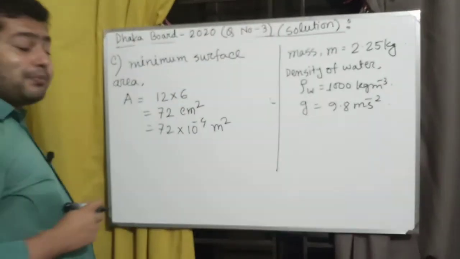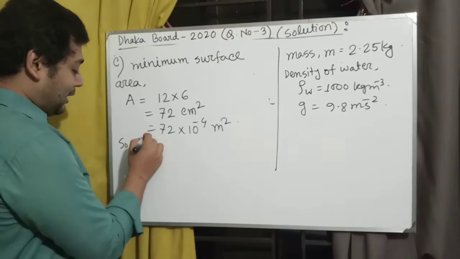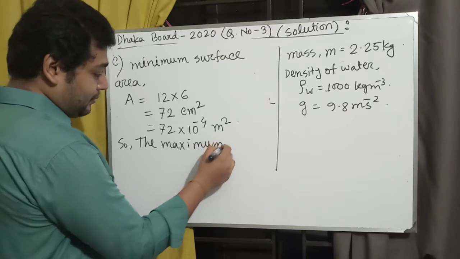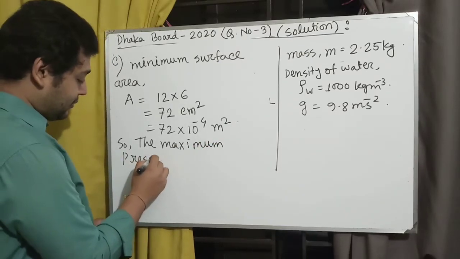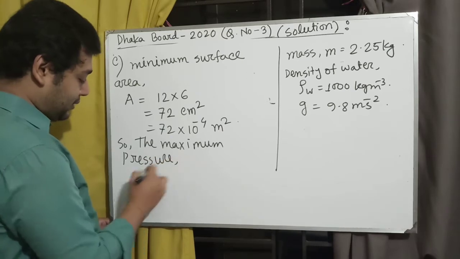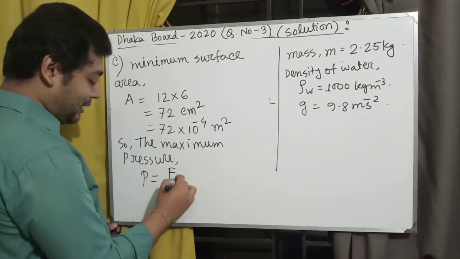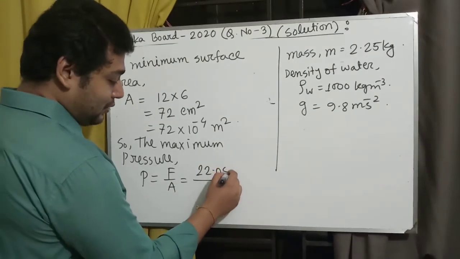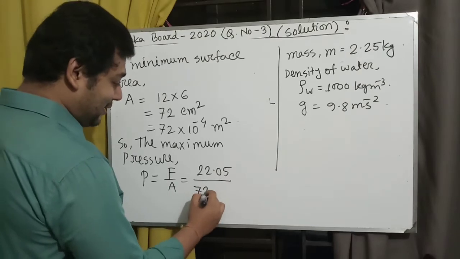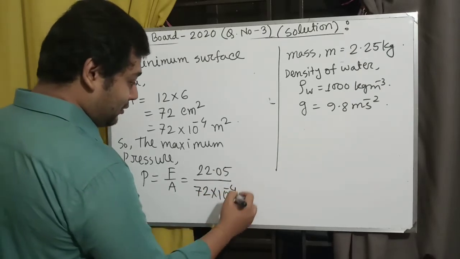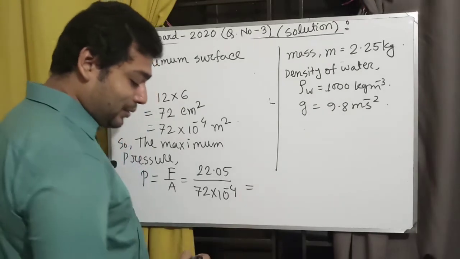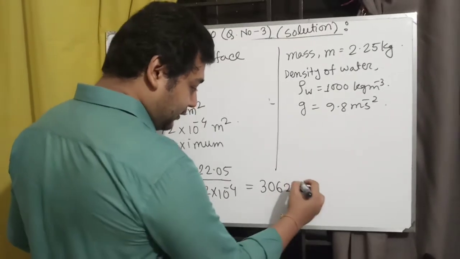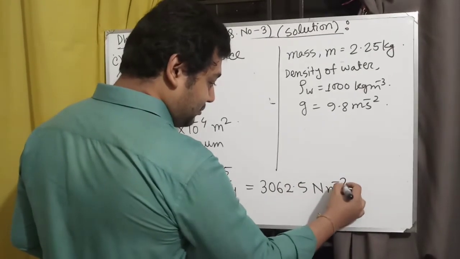Now the maximum pressure P equal to F by A. Now F is 22.05 Newton and A is 72 into 10 to the power minus 4 meter square. So calculating, we get 3062.5 Newton per meter square.